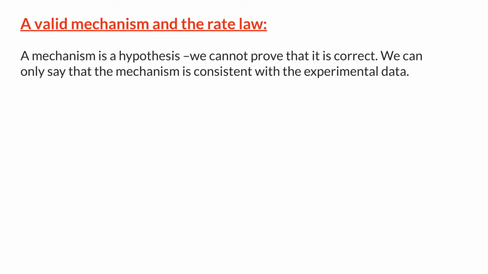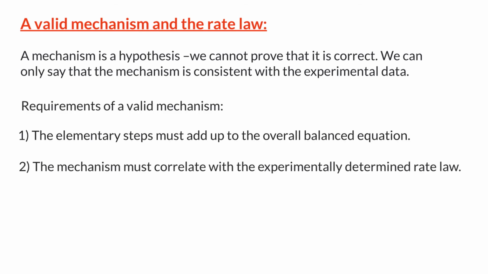Let us discuss a little bit more about the mechanism and what makes a mechanism valid. A mechanism is a hypothesis, which means we cannot prove that it is correct. We can only say that the mechanism is consistent with the experimentally determined rate law.